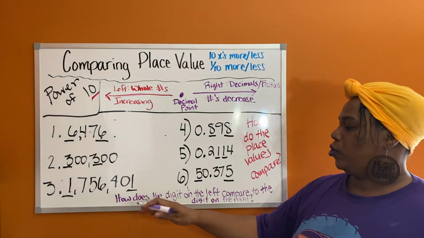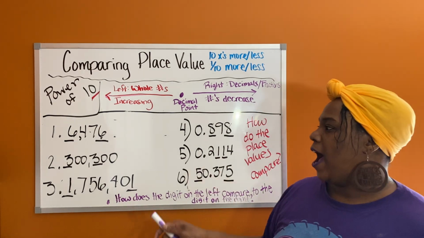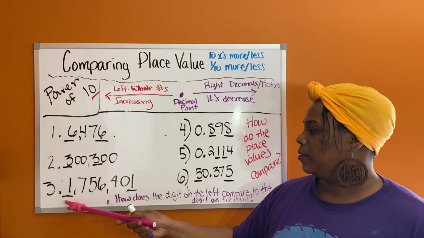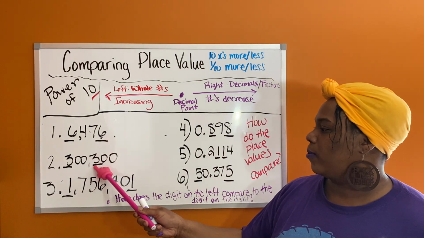All right, so you could get even more specific and more focused with it. How does the digit to the left compare to the digit on the right?